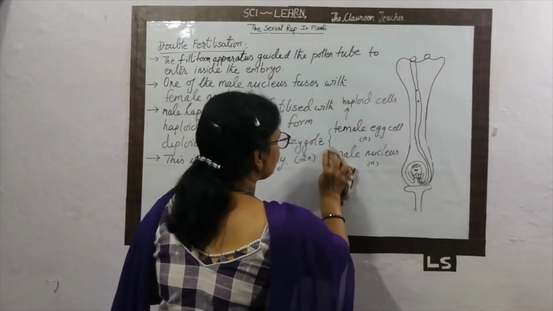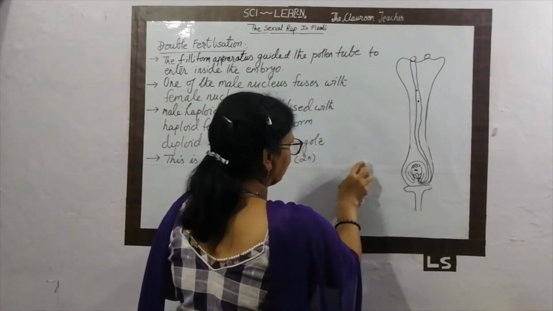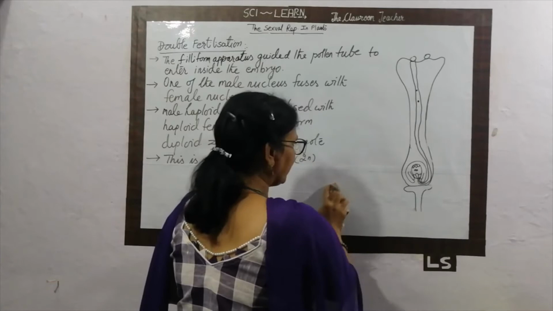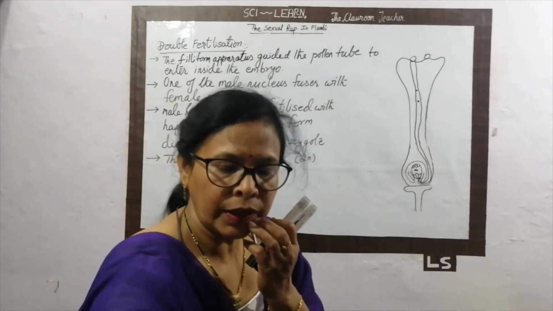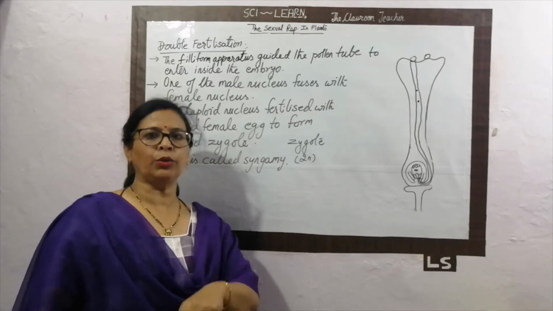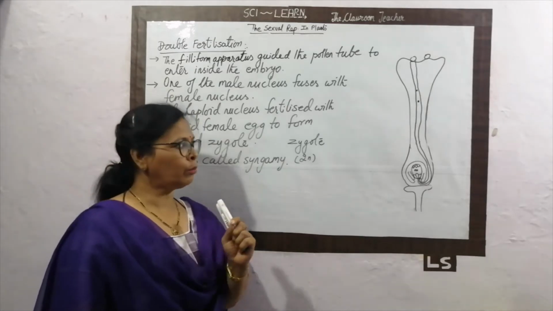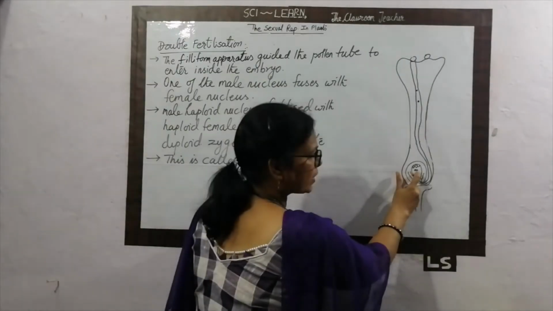But here two male gametes are there. One male gamete combines with the female gamete. Now what happened to the next male gamete? The other male nucleus fuses with the polar nuclei. Here two polar nuclei are there.